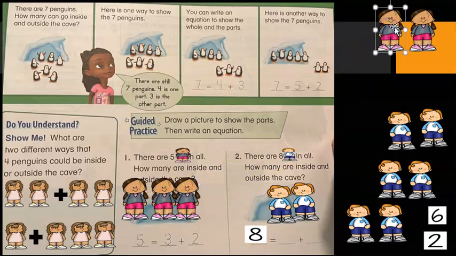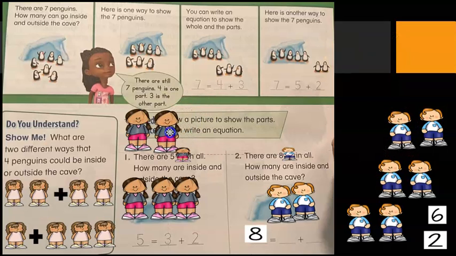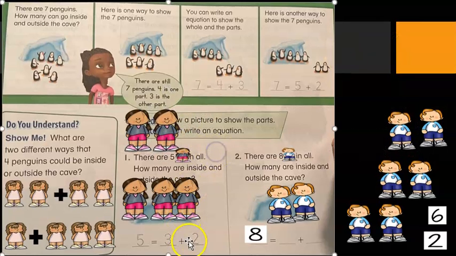So look, I'm going to grab another girl. Let me put these 2 girls on top here, okay? 1, 2. So look at that. This 2 right here represents these 2 girls because they're on the outside of the cave. These 3 girls are inside the cave.